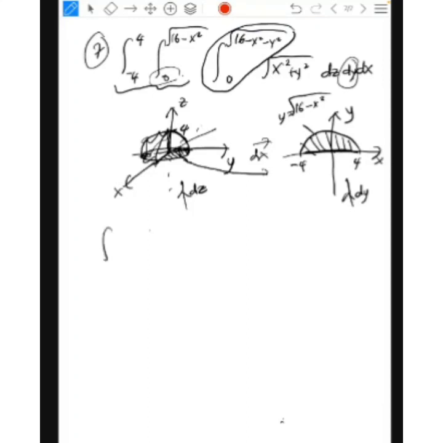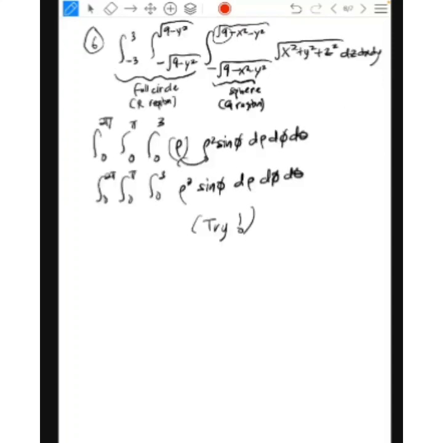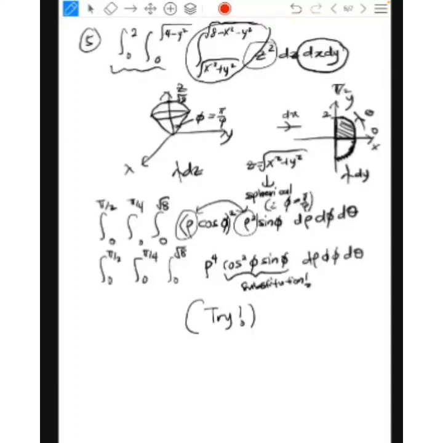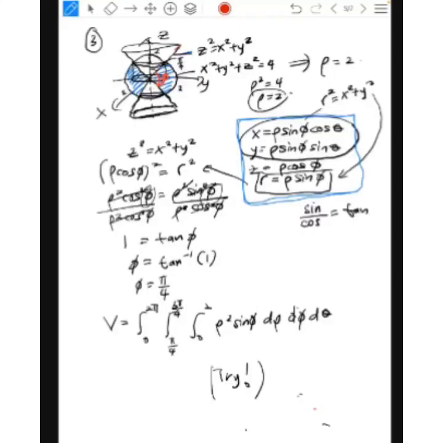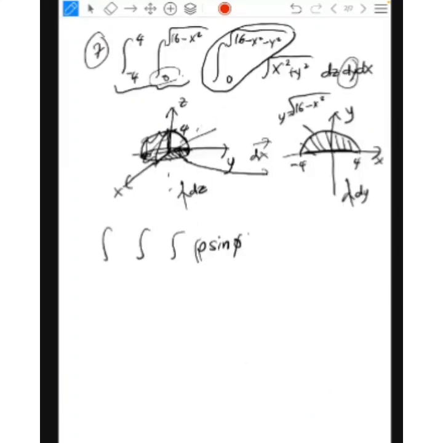Okay, so converting, the square root of x squared plus y squared is actually r kan? And then r tadi adalah sama dengan rho sin phi. The r is rho sin phi. Okay. So rho sin phi, and then the dz dy dx is rho squared sin phi d rho d phi d theta. So again, rho is from 0 until 4, the radius of the sphere.